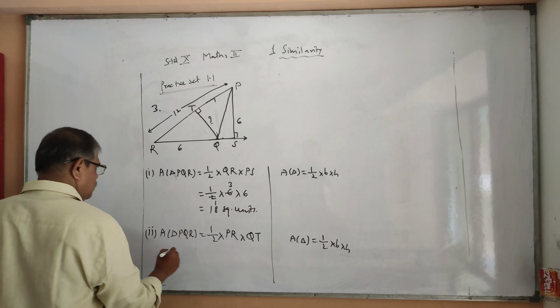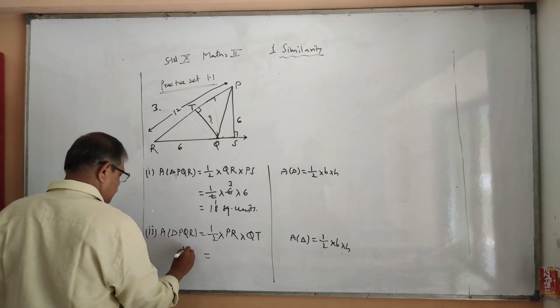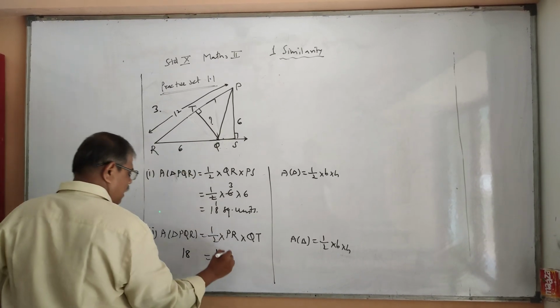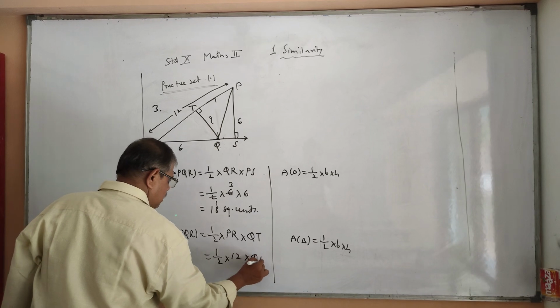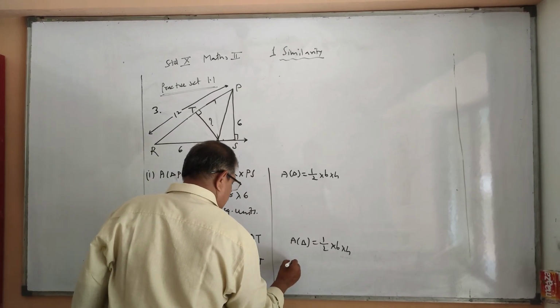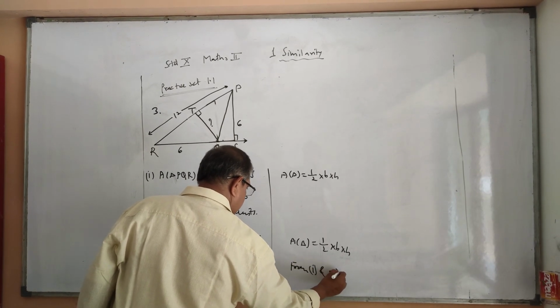And so substitute values. Now what is the area of triangle PQR? 18. So 18 is equal to 1 by 2, PR is 12, into QT. The area value I get from 1, and PR is given, so the reason will be from 1 and given.